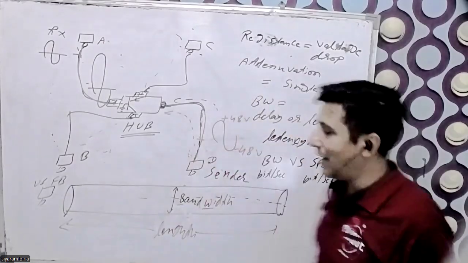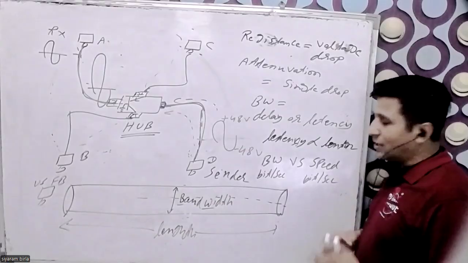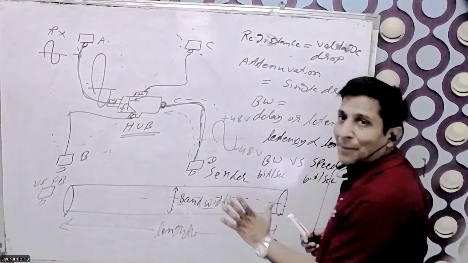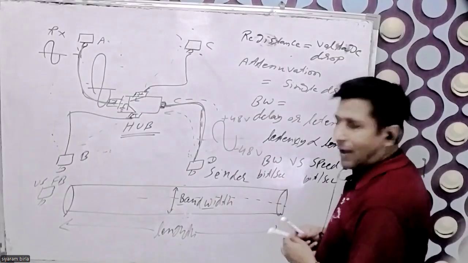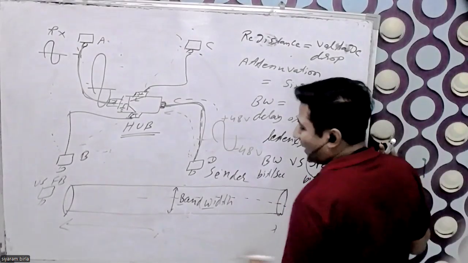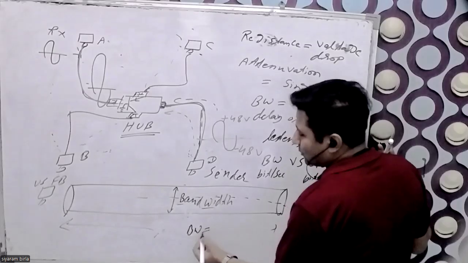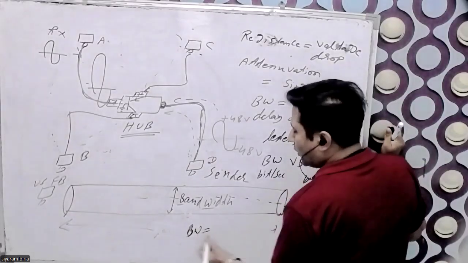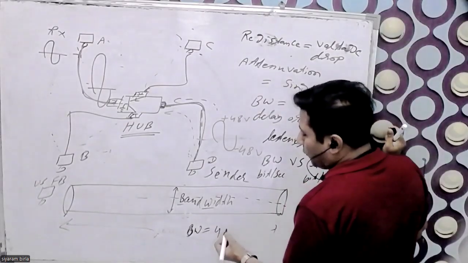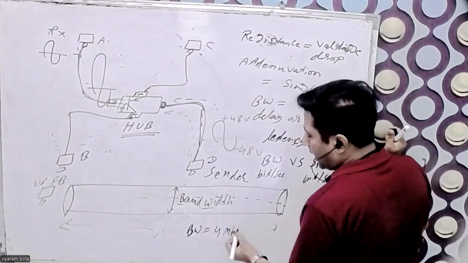Similarly, bandwidth is like the maximum capacity of the transmission medium. Suppose I'm going to an ISP, and I will explain what an ISP is, but right now you can understand ISP means any service provider. I ask, give me 4 Mbps.